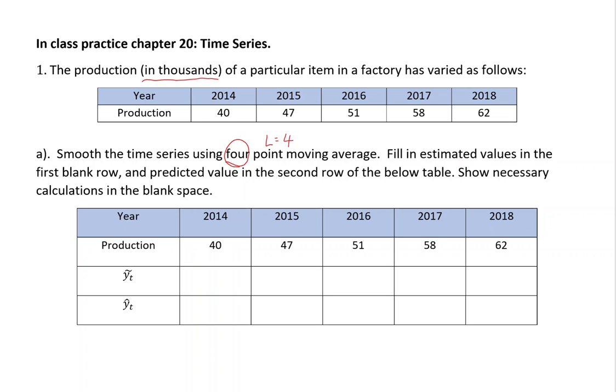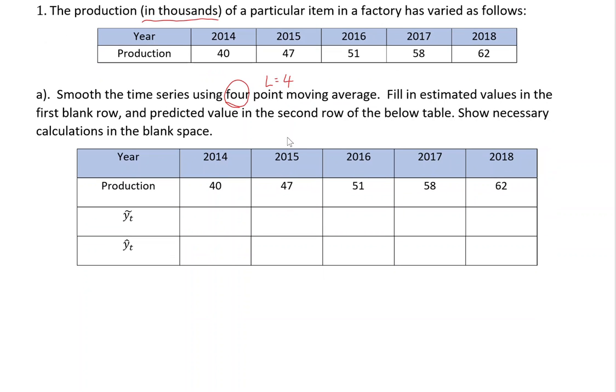And then fill in the estimated value in the first blank row and predicted value in the second row of the below table, and show necessary calculations in the blank space. Actually in your assignment, I didn't ask you to do these two steps, so you need to do these two steps on your scratch paper.